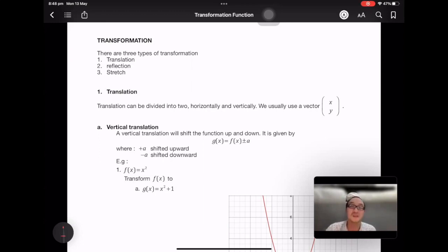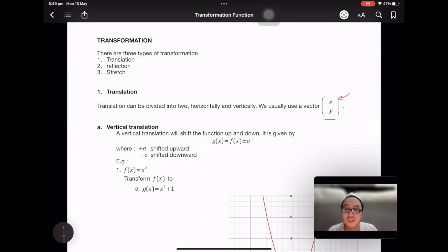So what is translation? Translation is a transformation that will shift the graph or the function horizontally and vertically. We usually express the transformation in the form of a column vector, x, y.